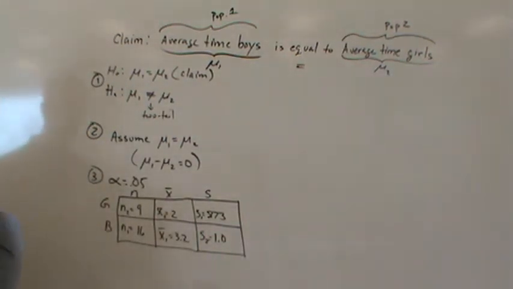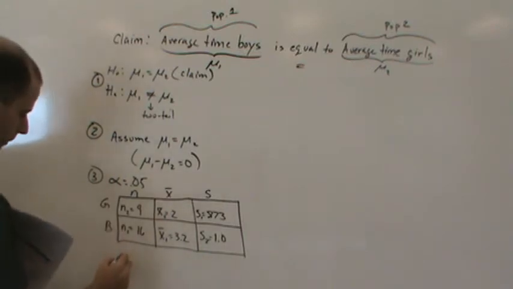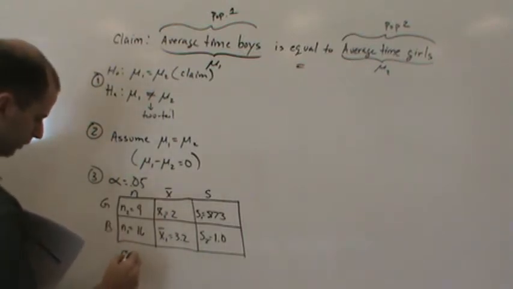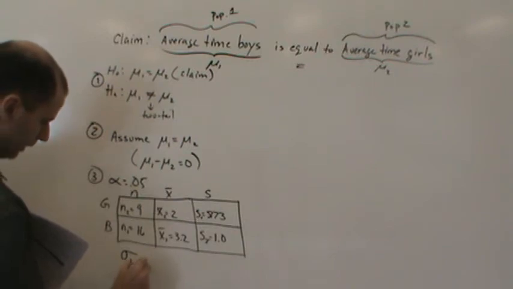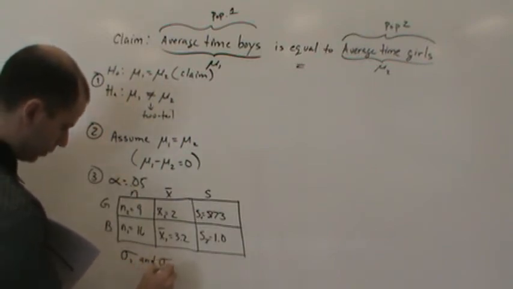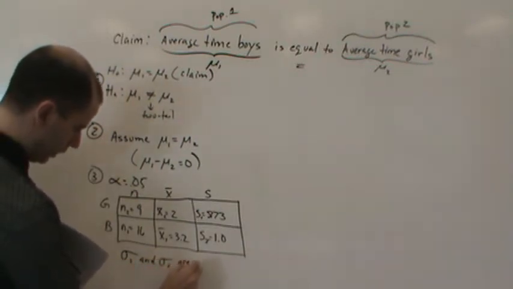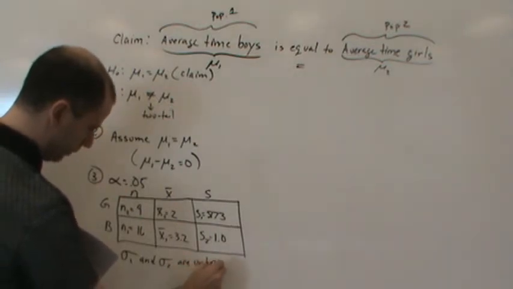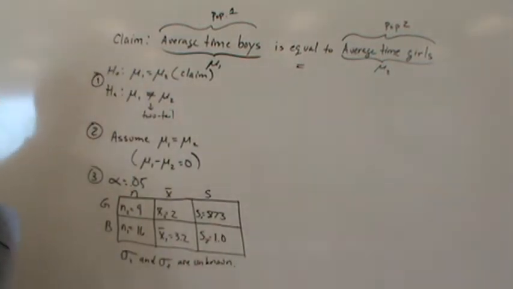Now, the fact that we don't know sigma 1 and sigma 2, they're unknown. Something important to note. Also, they don't tell us anything about the population standard deviations as far as whether we should assume that they're equal or not.